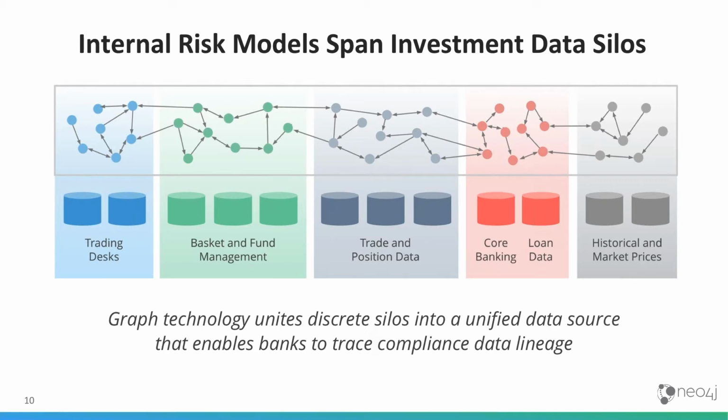And traditional technologies like data warehousing and data lakes don't cut it, because they don't have an accurate real-time picture of risk. So what is needed is something that stitches all of this data together using the metadata, and that is the graph database, and bringing all of this together and being able to do it in real time, not only the lineage, but also the risk calculations.